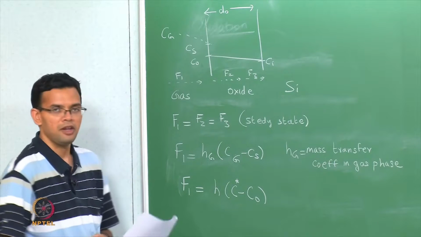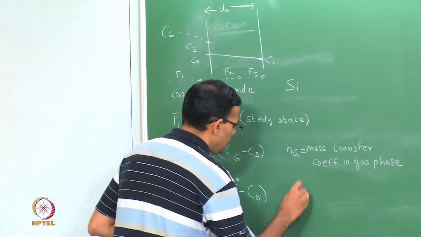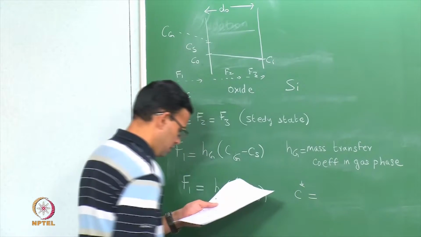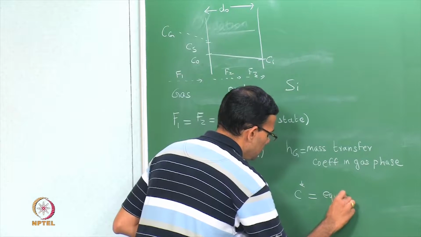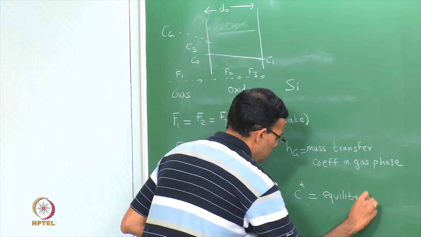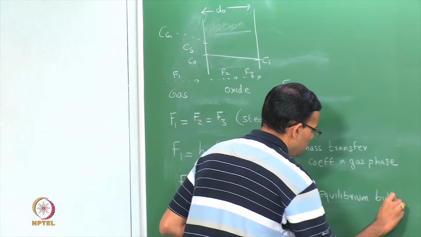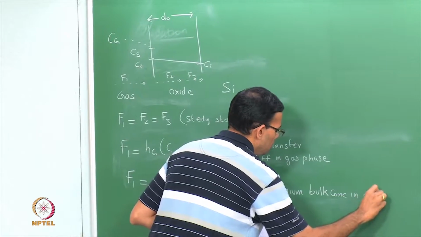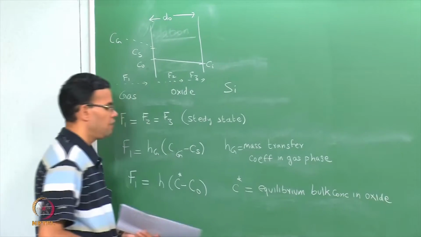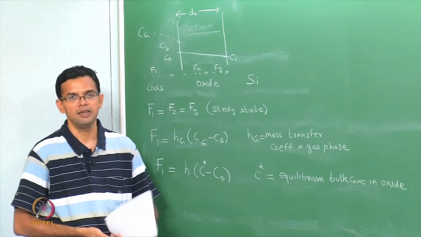It is the concentration of the diffusing species in the oxide layer. C star is the equilibrium bulk concentration in the oxide. We can usually think of this as some sort of solubility limit.